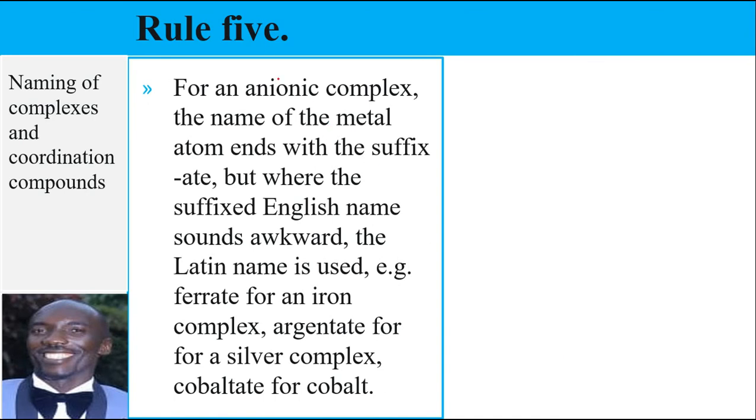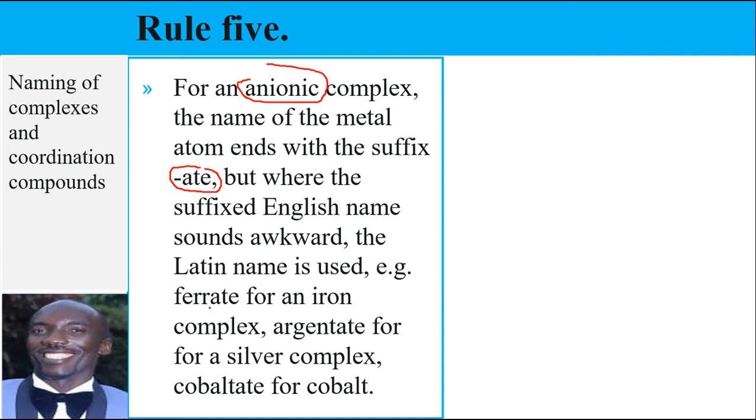Then for anionic complexes, that is when the net charge is negative, the name of the metal atom ends with the suffix -ate. But where the English name sounds awkward, there we apply the Latin name.